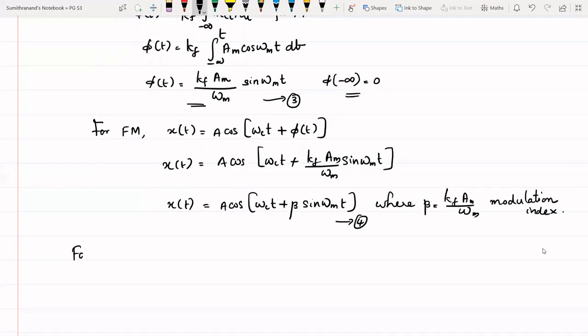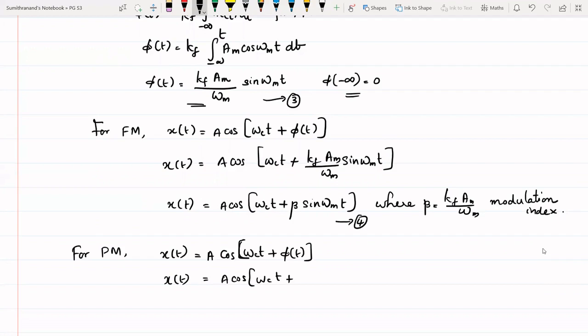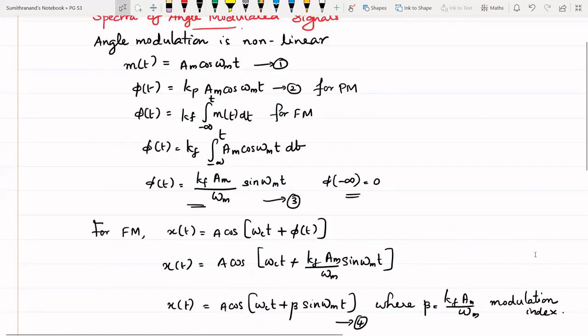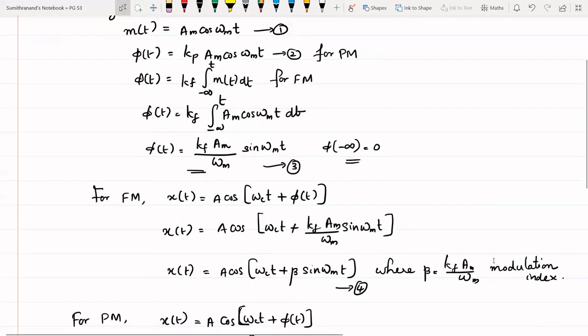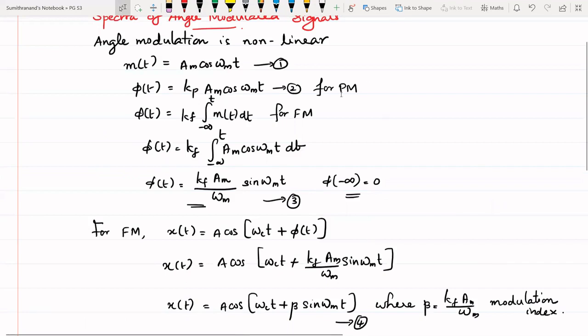Now for phase modulation, x of t can be written as x of t is equal to A cos of omega c t plus phi of t, where phi of t for phase modulation is from equation number 2.